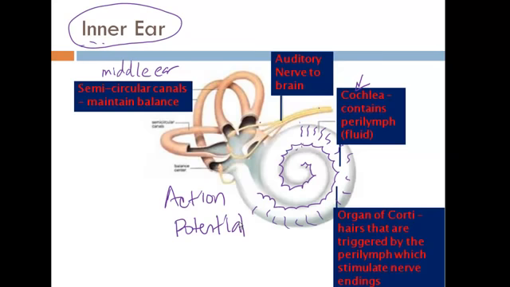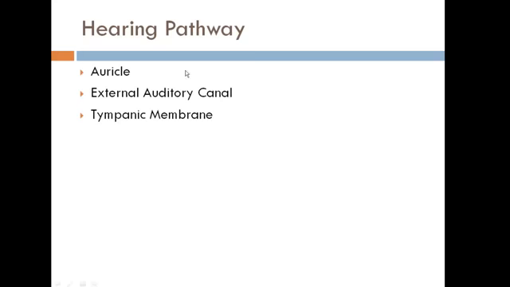So that's it. All I want to do now is recap the actual hearing pathway. So we started with the auricle to help corral sounds. Those sounds traveled down the external auditory canal where they landed on the tympanic membrane to begin the actual vibration. So that's our outer ear.